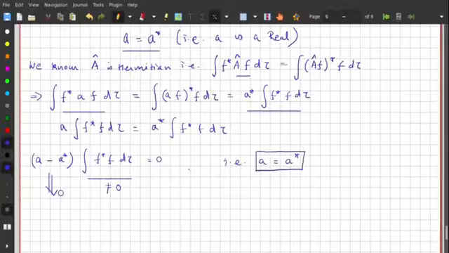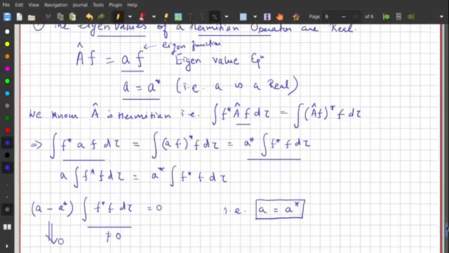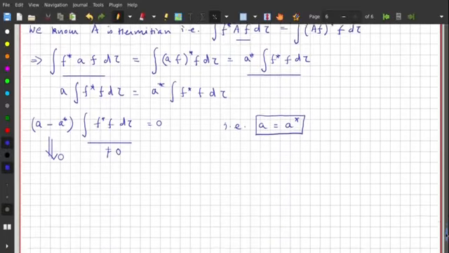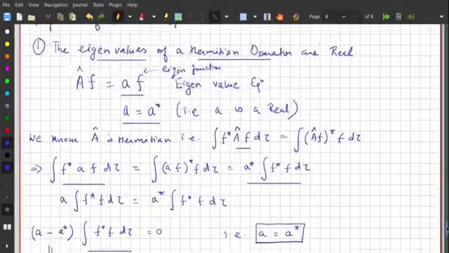Here f is not arbitrary, because it is an eigenfunction of the operator A. The eigenvalues are real, as you can see. So that's a very important property of Hermitian operators: eigenvalues of Hermitian operators are always real.